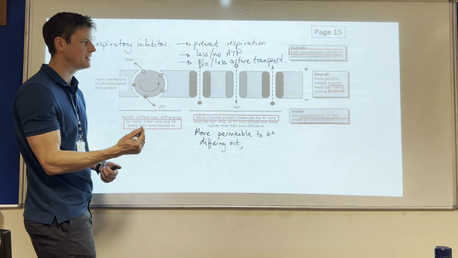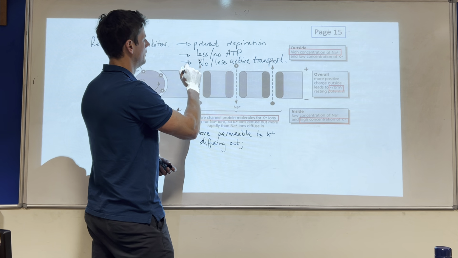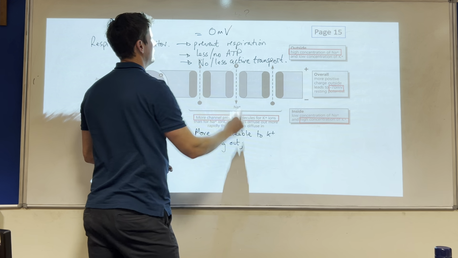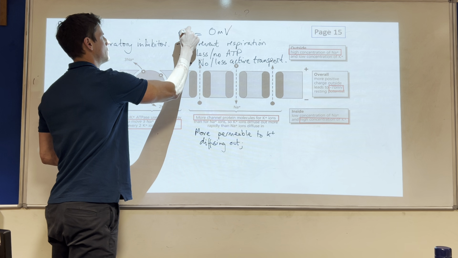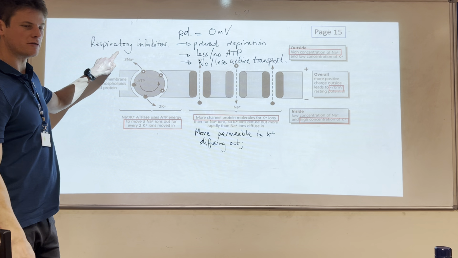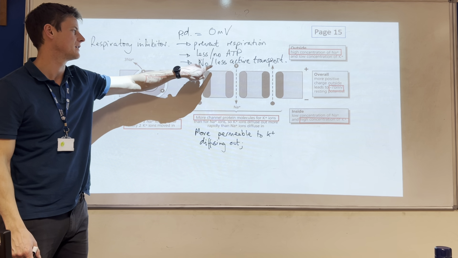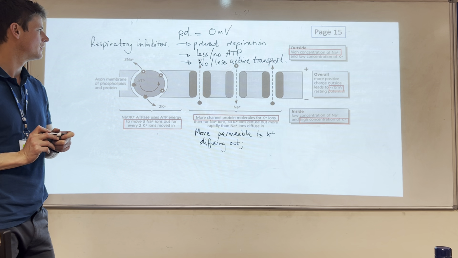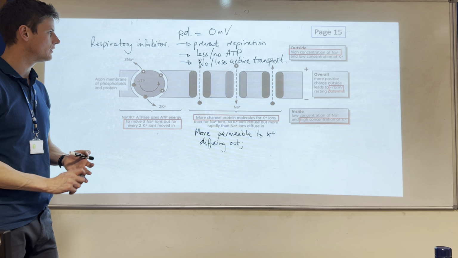And the membrane potential then would equal 0 millivolts. The potential difference after the respiratory inhibitor has prevented respiration, so that there's no ATP and no active transport, eventually would reach 0 millivolts. Okay, right, that's everything I'm going to do on the resting potential now.